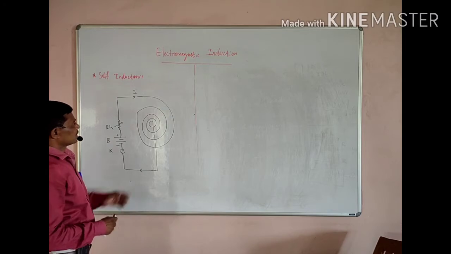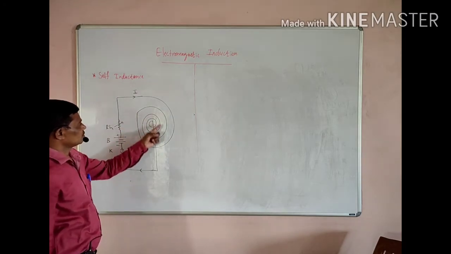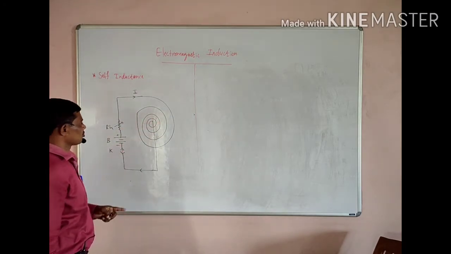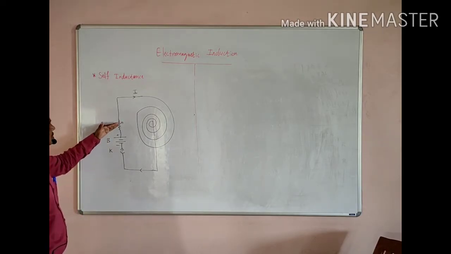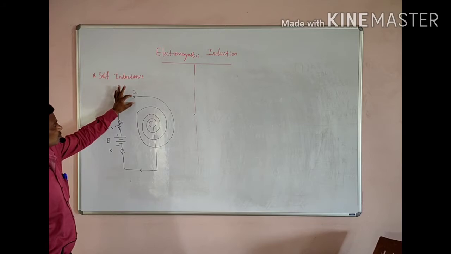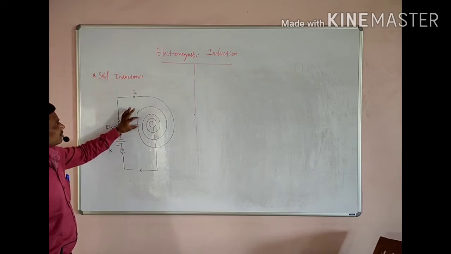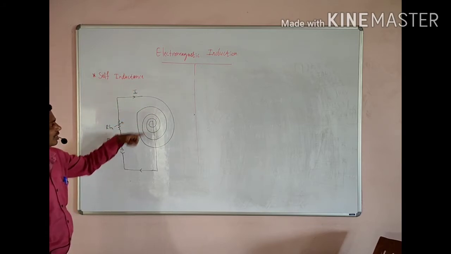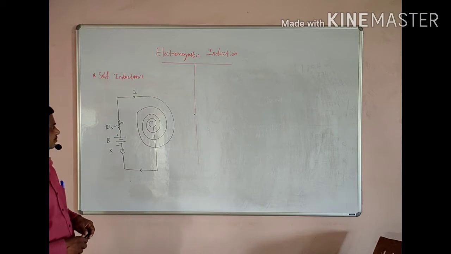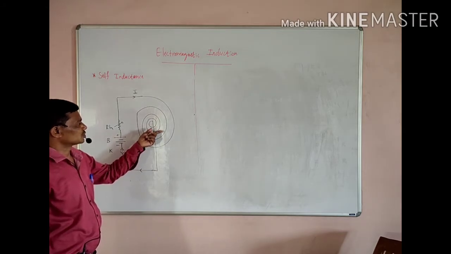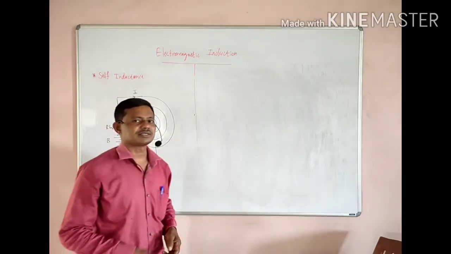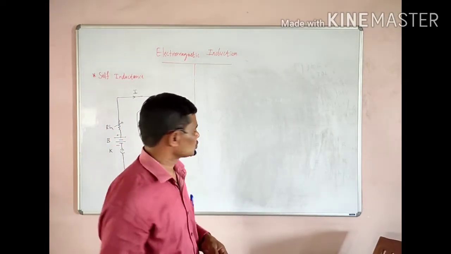Then a magnetic flux is linked to this coil, and when we change the current flowing through this coil, the magnetic flux linked with this coil also goes on changing, and due to this change in magnetic flux, it will induce an EMF, and this EMF is in the opposite direction.